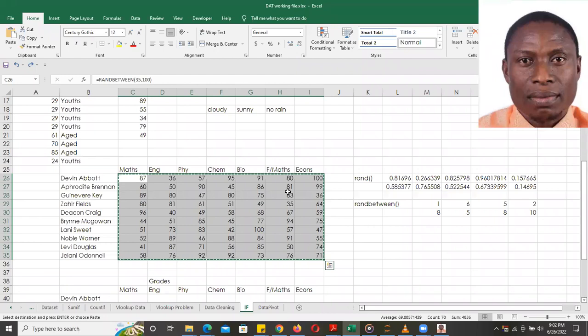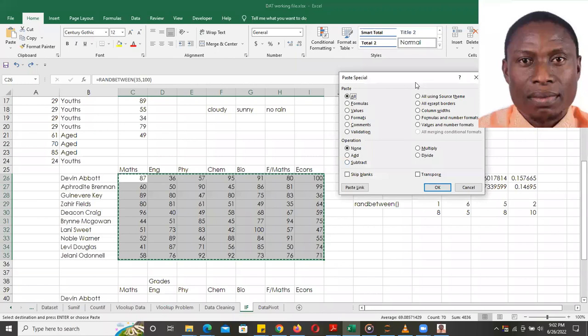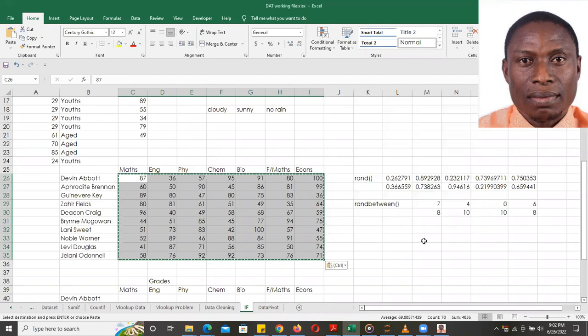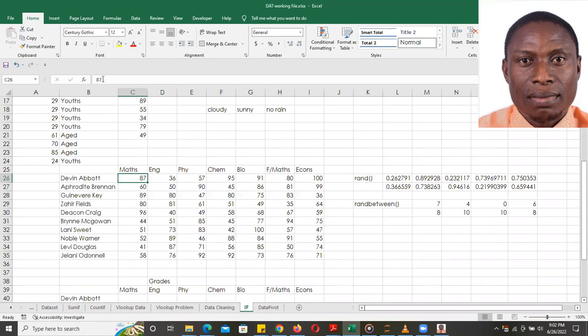So the paste special is Control-Alt-V. That's the paste special. Then I select values, just values. That's all I want. I don't want the function. I don't want the formula. And that's what I did. So if you check, you can see that there's no function anymore.